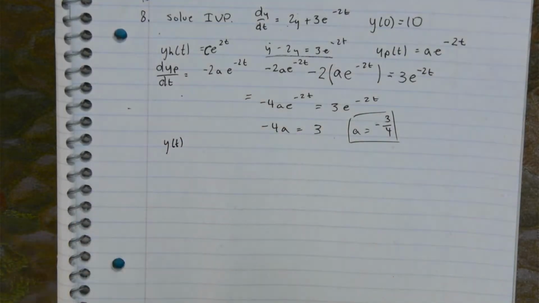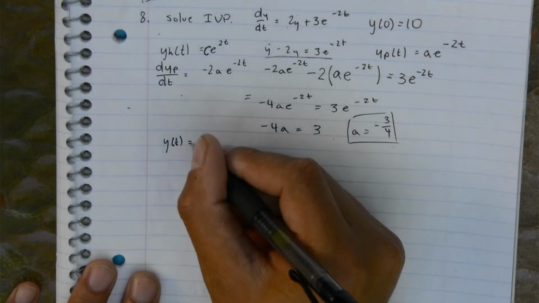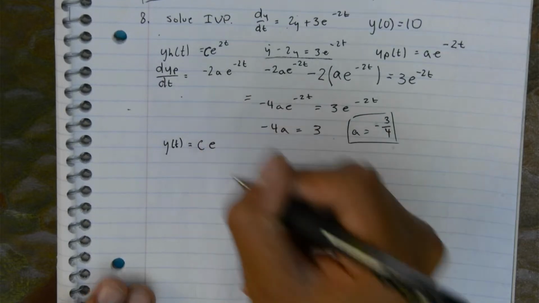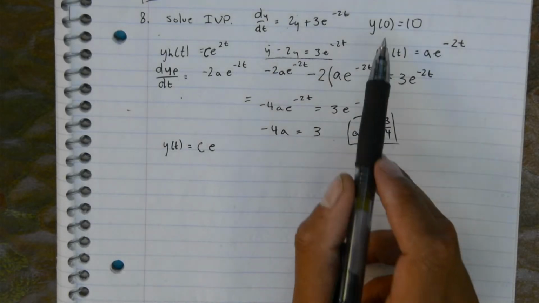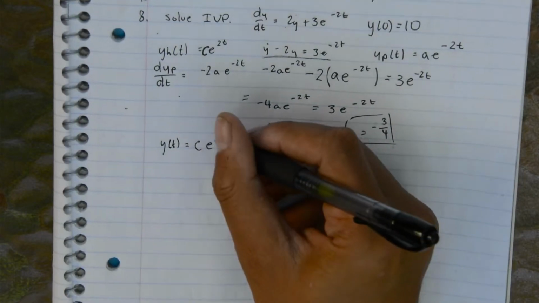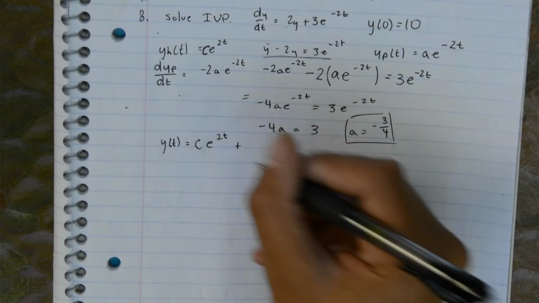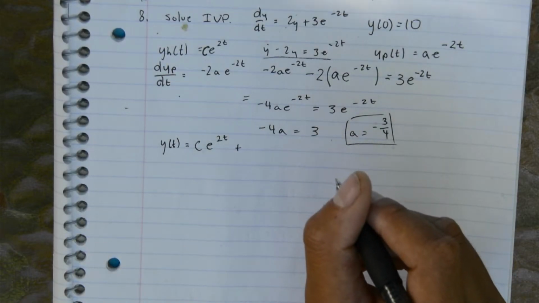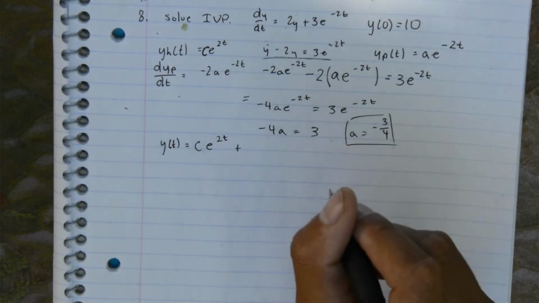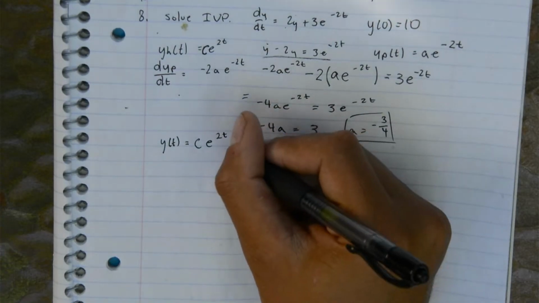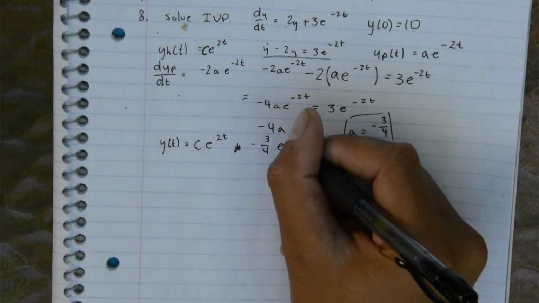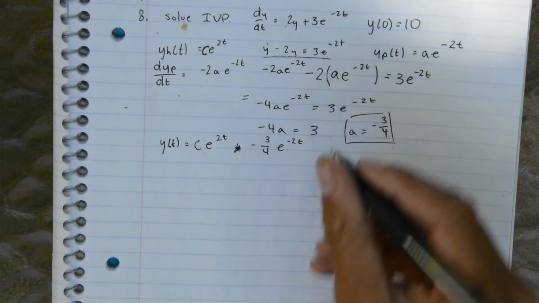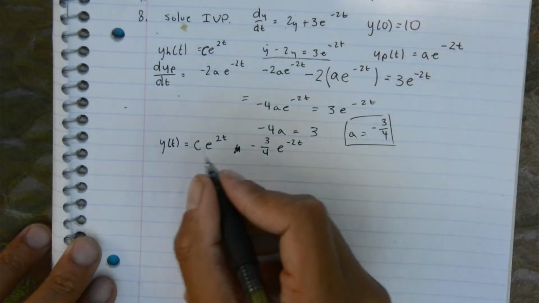The general solution is the homogeneous solution, which is c e to the 2t, plus minus 3/4 e to the minus 2t, but we haven't finished yet because we need to plug in 0.